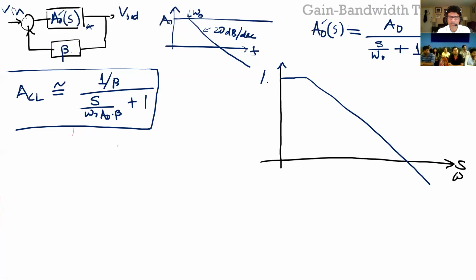So this was A naught, and this 3 dB frequency was omega naught. Now, for the closed loop, you can see that this over here is our closed loop DC transfer function. If we didn't have a pole, then our closed loop transfer function would be 1 over beta. So let's say usually that's much smaller than the open loop transfer function. Let me just draw it in a different color.